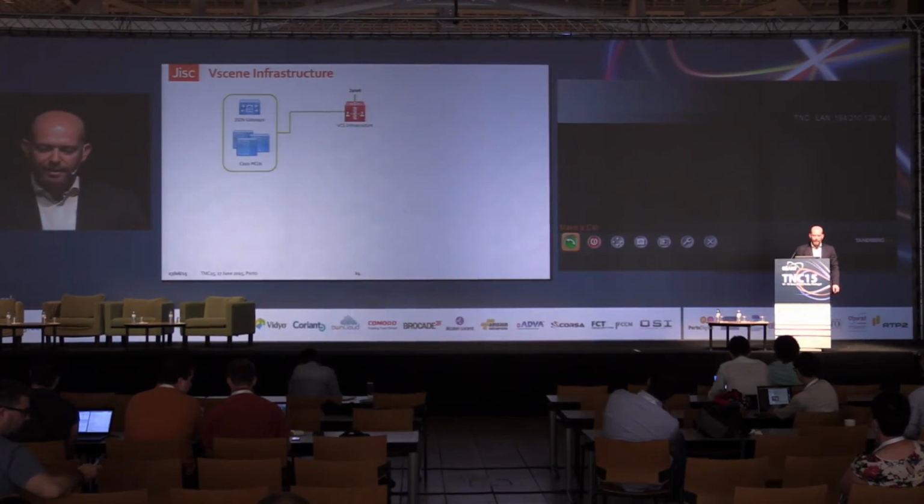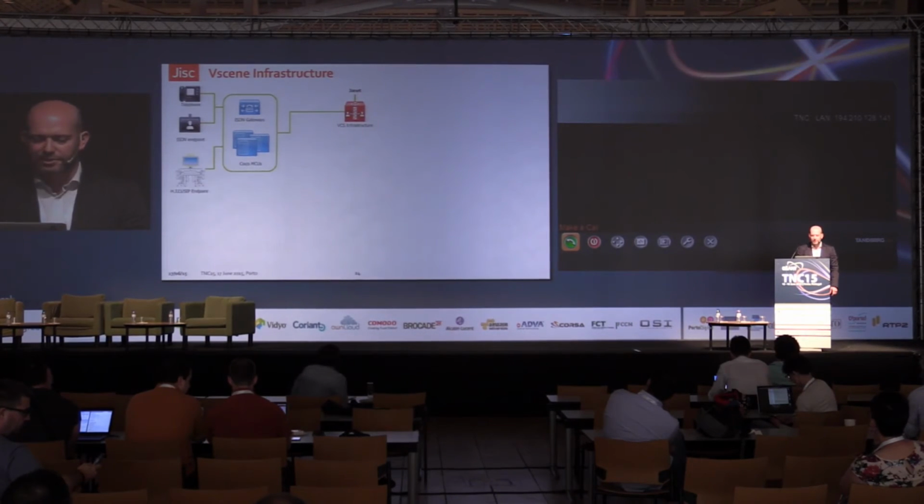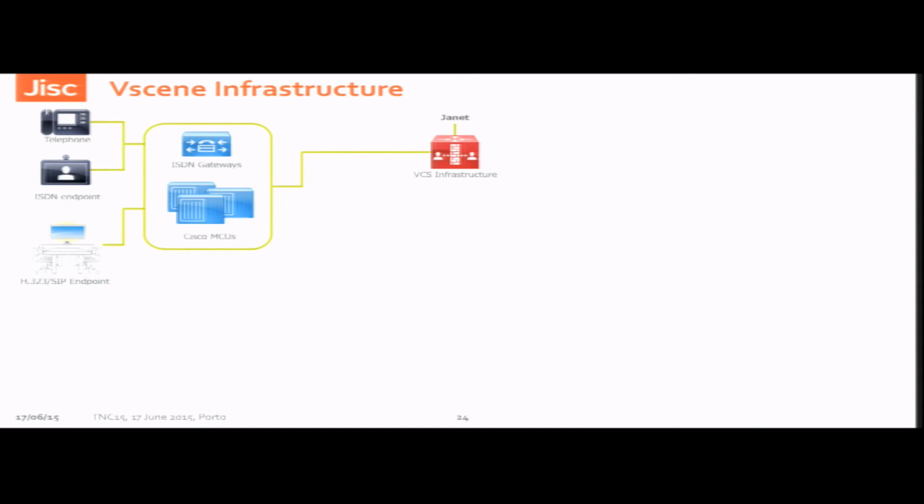And then connected to this, we have Cisco MCUs and Cisco ISDN gateways. And we use these to connect the legacy, if I have to use the term, H323 and SIP endpoints. ISDN endpoints, we still have a lot of those in use. And telephone clients as well, connecting via this way.